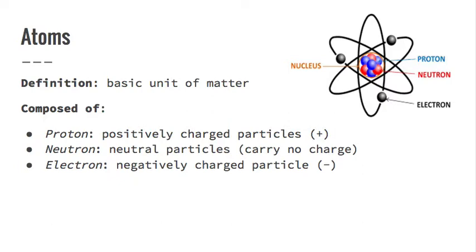So the center of the atom, or the nucleus, is positive, and it has around it constantly moving electrons, which are negatively charged particles. So there's this attraction between an electron and the protons of the nucleus, but because the electrons are constantly moving, they never attach to the protons of an atom.